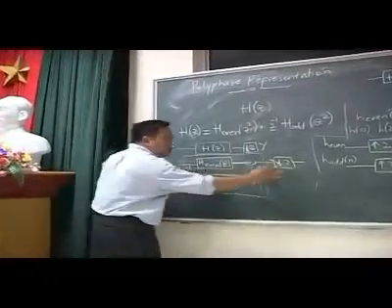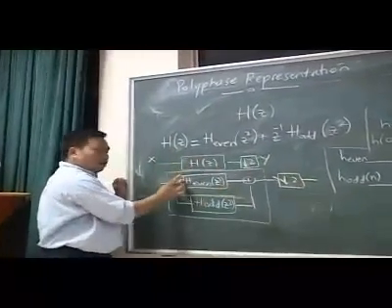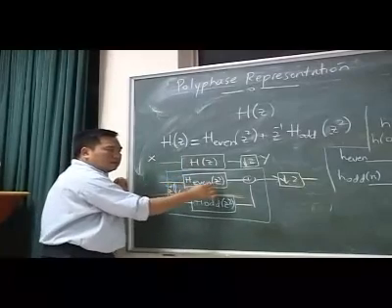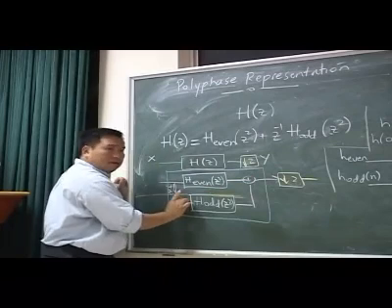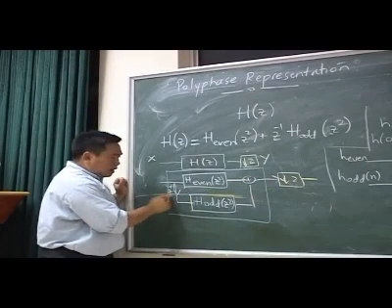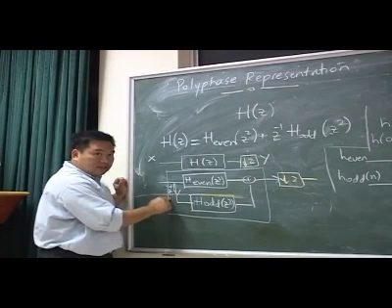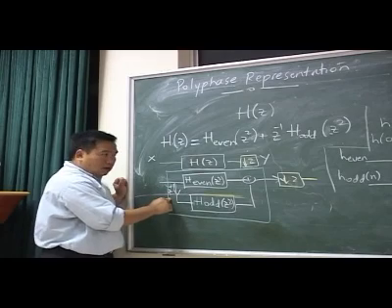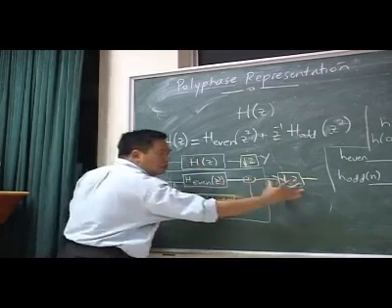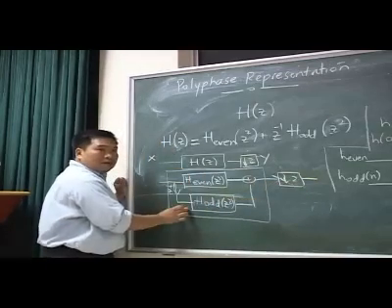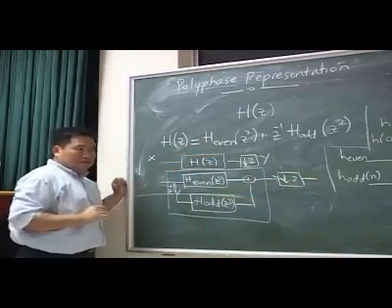I can move this block through here. That becomes z. I can move this block in here. Right? I cannot pass the inverse. So that's a function of z squared.